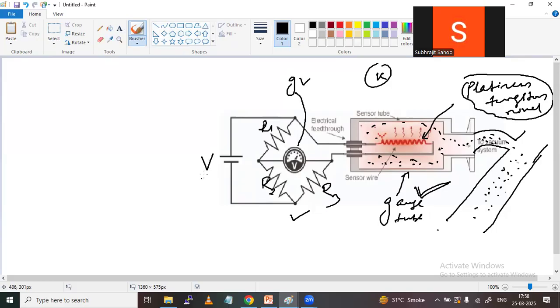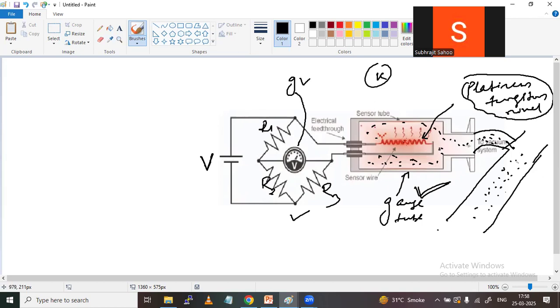Now I have supplied a voltage to the circuit. Once I supply the voltage, what will happen? First suppose the valve is closed, so there is no flow of gas particles. Now I supply the voltage, and current will flow.